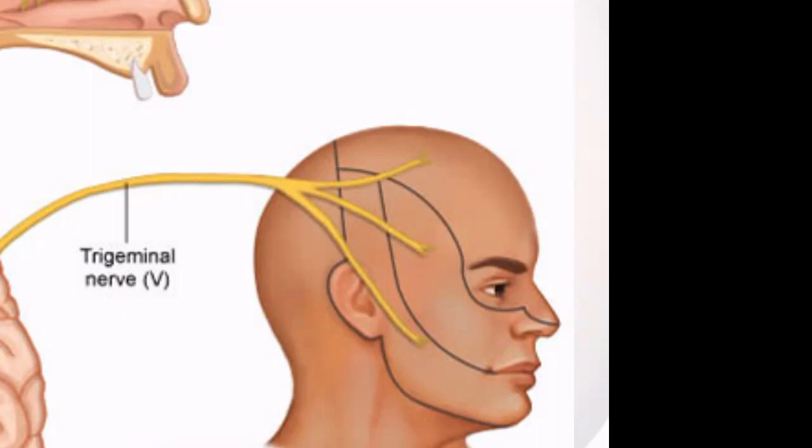The significance of this nerve, and this is one of the reasons why I think you should know this one, is because there is a condition associated with it called tic douloureux.